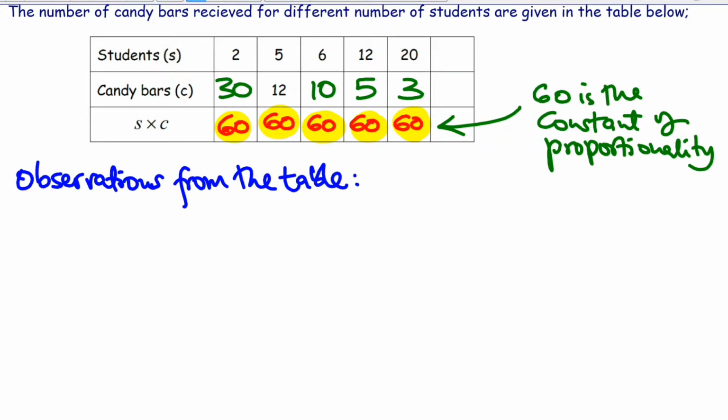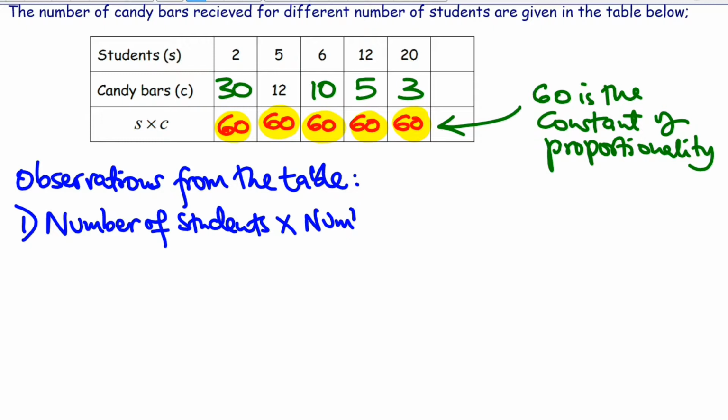Now, the first observation is that the number of students multiplied by the number of candy bars is equal to 60. And we can see that it's constant all through.